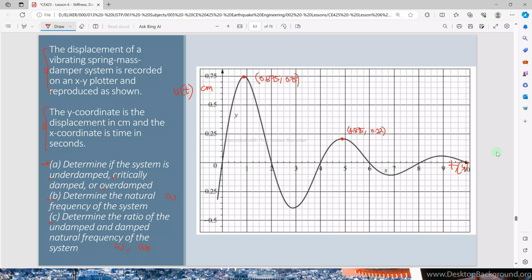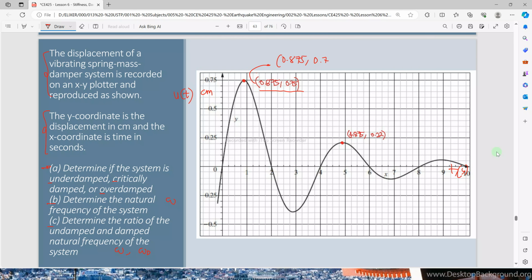If you notice, the highest amplitude here and then the next amplitude have these coordinates. This one is 0.875, 0.75. And then here, we have 4.875 and 0.22.